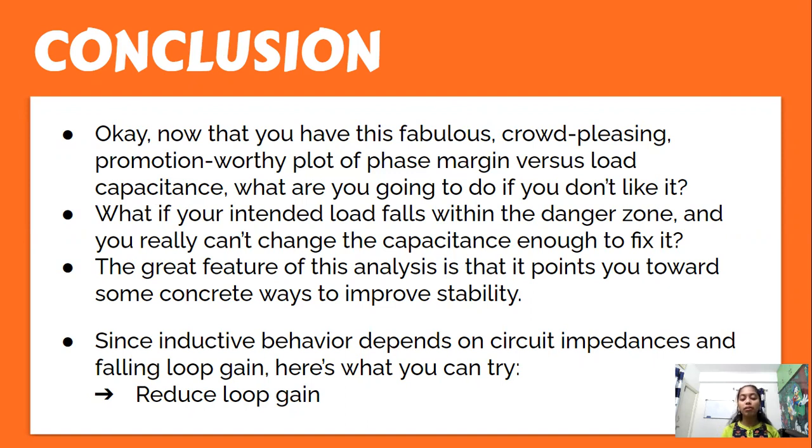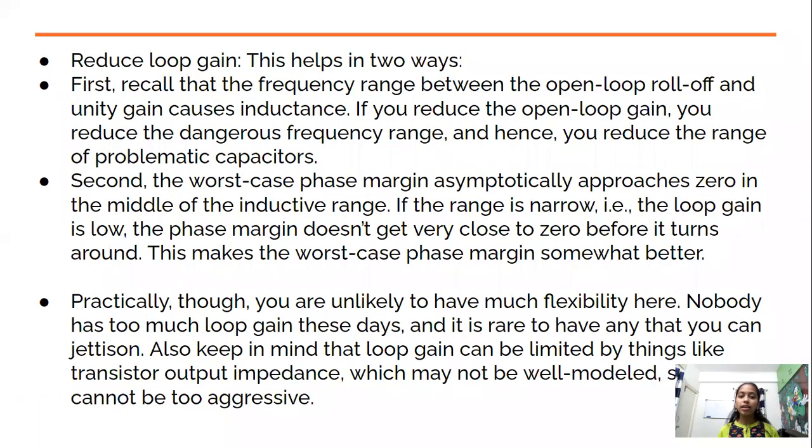Since the inductive behavior depends on the circuit impedances and the loop gain, here's what you can try: reduce the loop gain. Reducing loop gain helps in two ways. First, recall that the frequency range between open loop roll off and unity gain causes inductance. If you reduce the open loop gain, you reduce the dangerous frequency range, and hence you reduce the range of problematic capacitors.